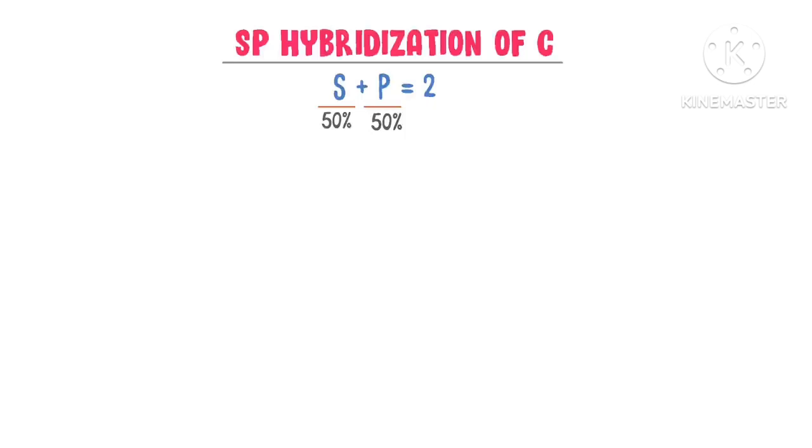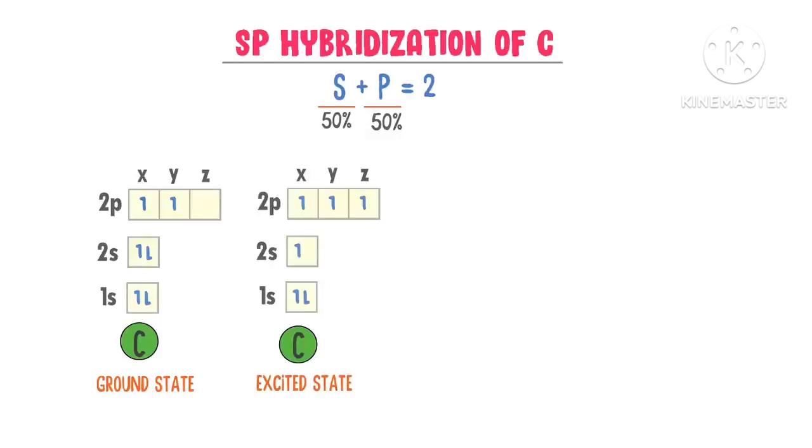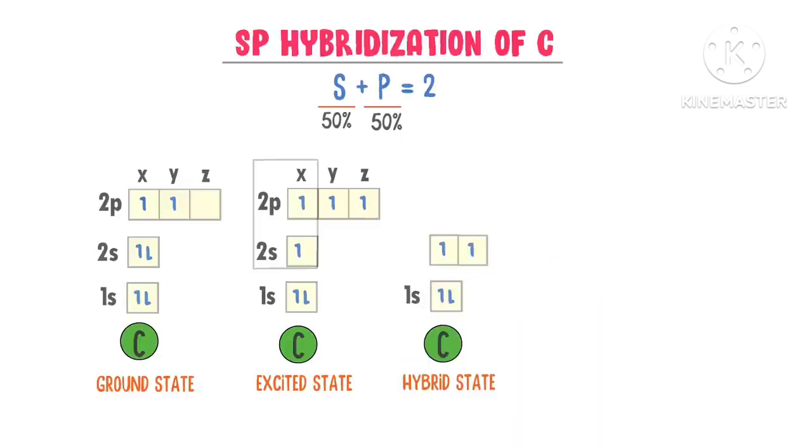Well, again consider carbon in ground state and an excited state. We know that in sp hybridization, only one s and one p orbital mix or combine together. Hence, in the excited state, 2s orbital and only x orbital of 2p combine together to form 2 sp hybrid orbitals.